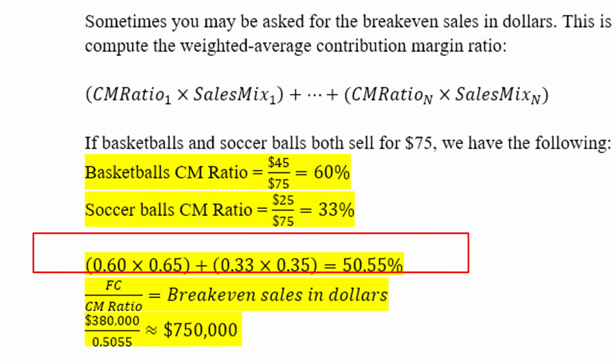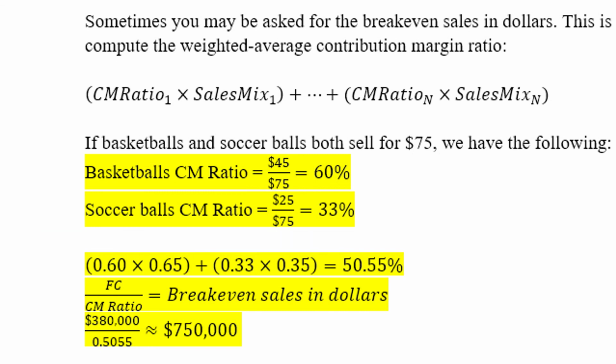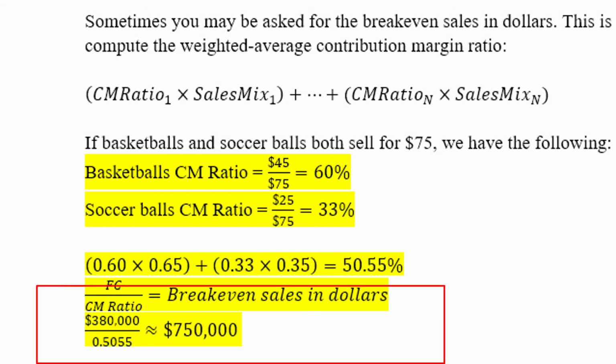I get 50.55%. I use that number, take fixed costs divided by contribution margin ratio. That gives me break-even sales in dollars, $750,000.